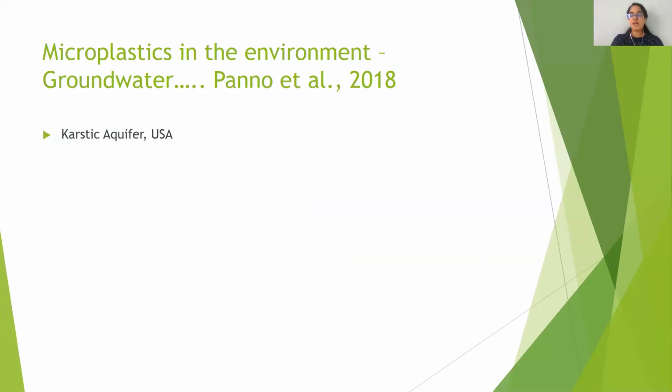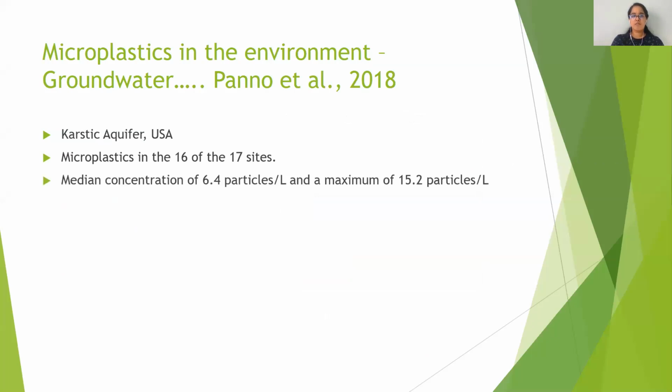So the 2 studies, both of them done on a karstic aquifer, and the one is in the USA. Of the 17 sites that they sampled, they found microplastics in 16 of them. With concentrations, the mean concentration is 6.4 particles per liter, and the maximum of 15.2 particles per liter.